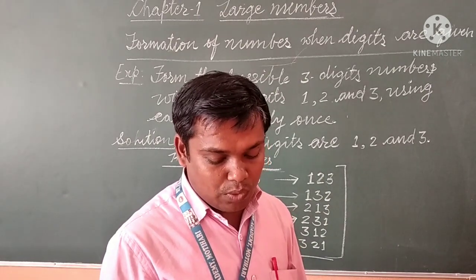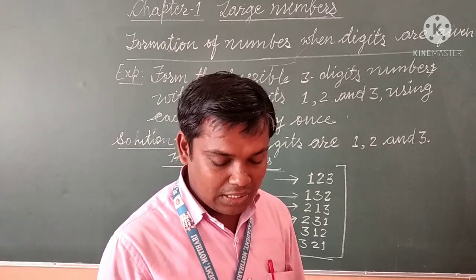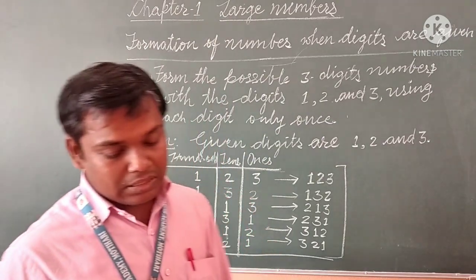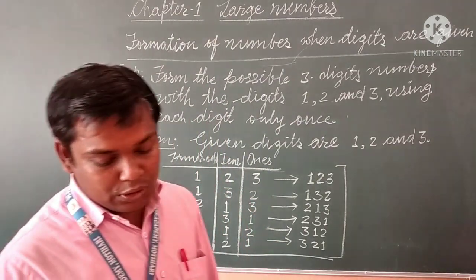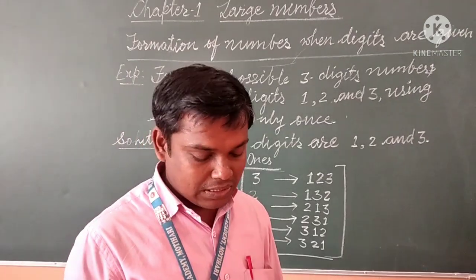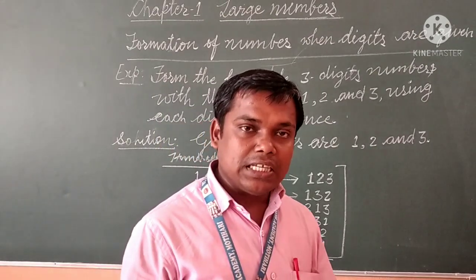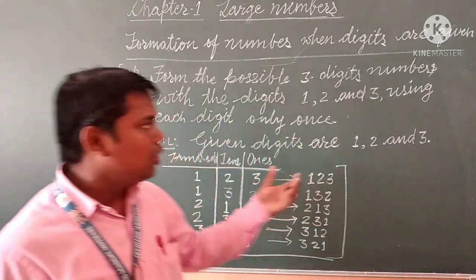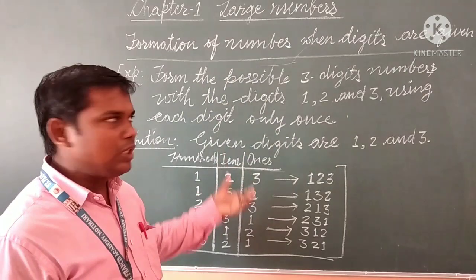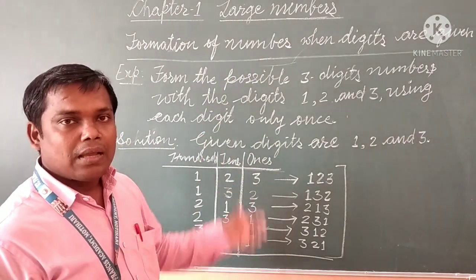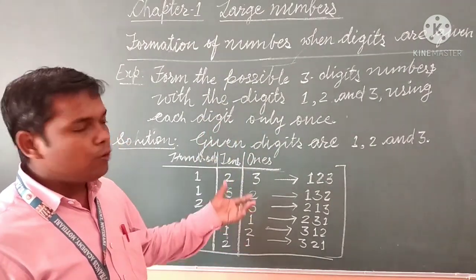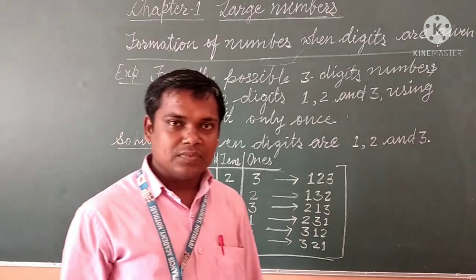Write the number which is 1 less than 1 lakh. And write the 3-digit numbers using each digit only once, and arrange them in ascending order. So these are the questions which are based on this explanation, and I hope you can do them easily.